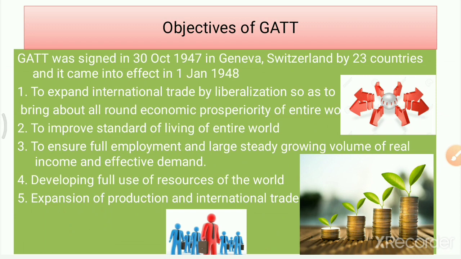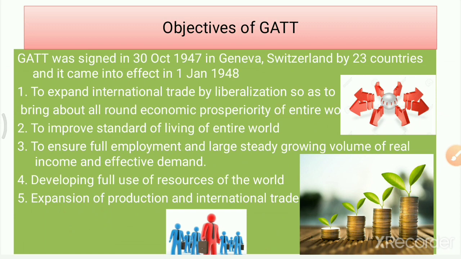GATT was signed on 30th October 1947 in Geneva, Switzerland, by 23 countries, and it came into effect on 1st January 1948. What were the major objectives of this GATT?